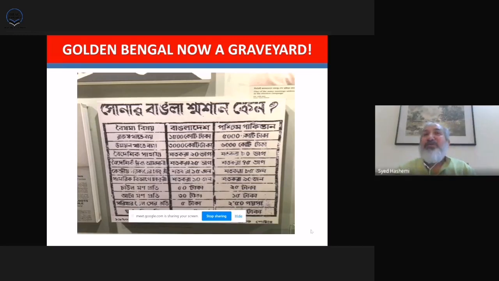And this poster was put up everywhere in East Pakistan. I used to be politically active at that time, and I visited a lot of places in East Pakistan at that time, and this was everywhere. And every Bengali had seen this. And basically it said how we were being exploited.